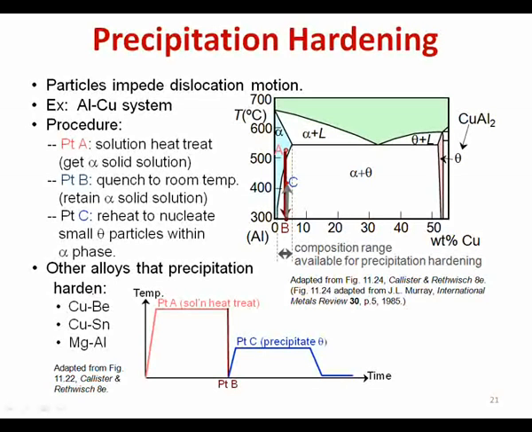What about pearlite versus bainite? What's the difference there? So what did we find out? What was the difference between pearlite and bainite? Was it the phases present? No, they both had alpha and cementite.